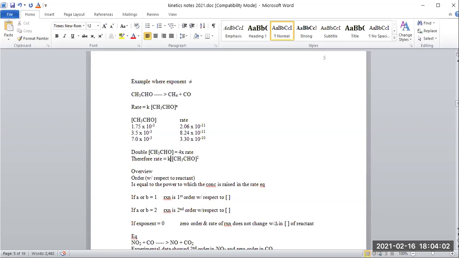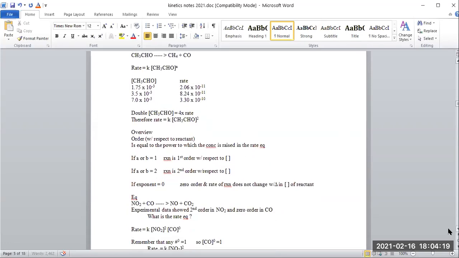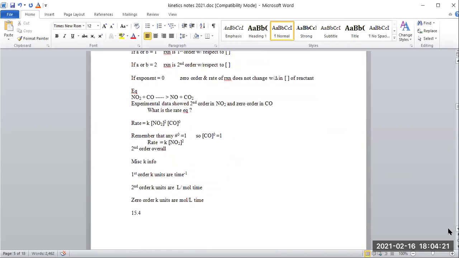Okay, if your exponent is 0, like I said, 2 to the 0 is 1. Anything that is 0 order means no matter what you did to the concentration, the rate would not change.